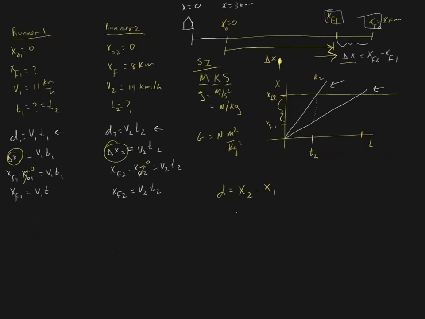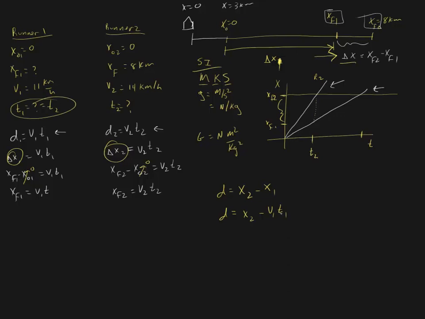Now, x2, we already have a value for that, so I'm just going to leave that as x2. There's no need to rewrite that. And x1 is equal to v1 times t1. But we know that t1 and t2 are the same.